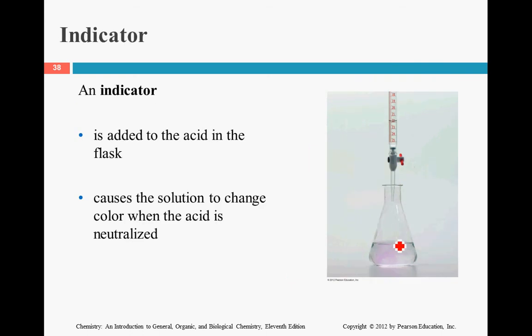There's an indicator. You can see a slight shade of pink. Phenolphthalein is a common indicator for acid-base reactions because it turns colored at a pH of 7. So we know the exact time when it turns, it's going to be completely neutral. The solution would switch over from acidic to basic.